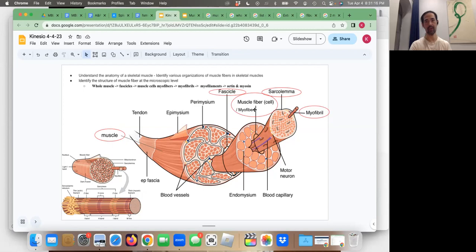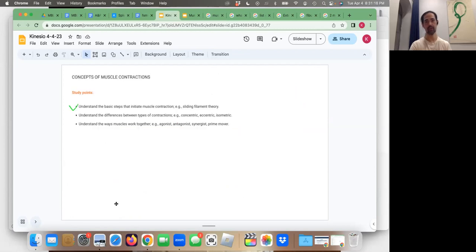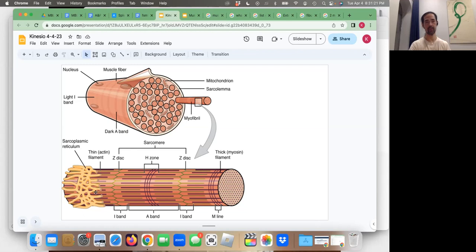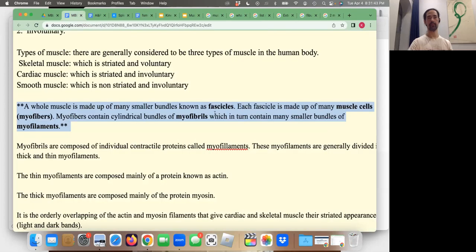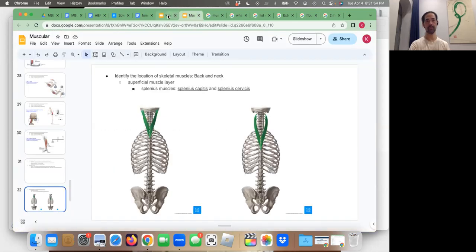And if you look at the myofibril down here, you can see that there are many myofilaments, and the myofilaments are actin filaments and myosin filaments. Muscle, fascicles, myofibers, myofibrils, myofilaments, actin, and myosin. All right, next one.